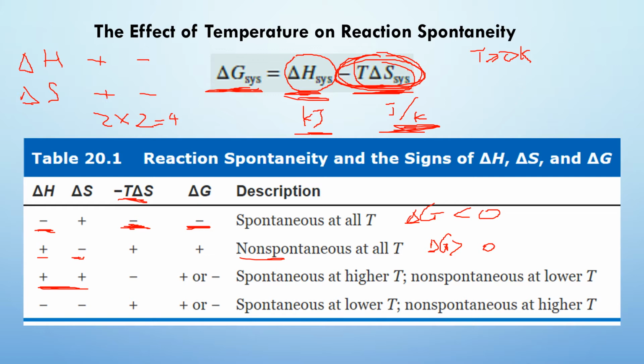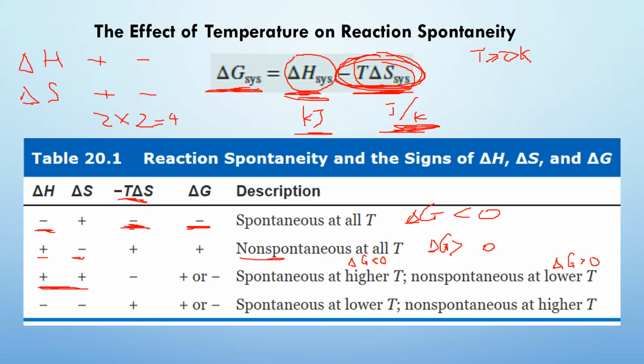In this case, only a higher temperature gives you a negative delta G. If the temperature is low, the term negative T delta S is not big enough to make the overall delta G less than 0, so delta G will be greater than 0.